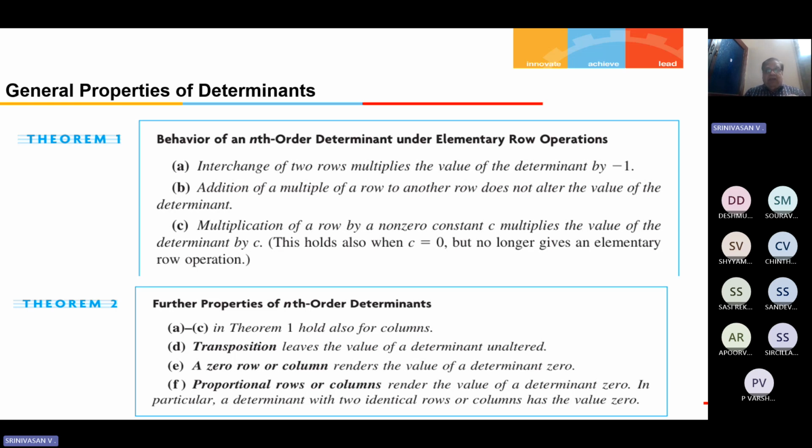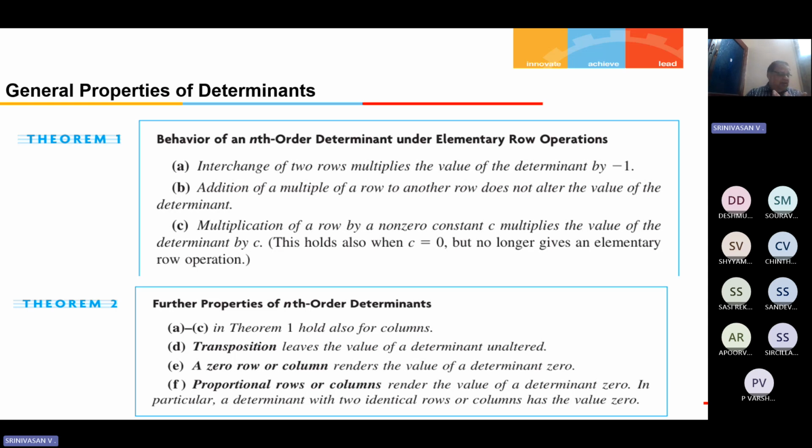Addition of a multiple of a row to another row. Don't be misled here. You don't multiply the elements of the rows. Multiple of a row, that is, if you multiply a row by any common constant and add it to another row, that is called another elementary row operation, and it does not alter the value of the determinant.